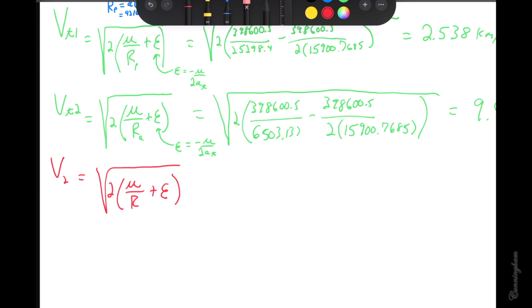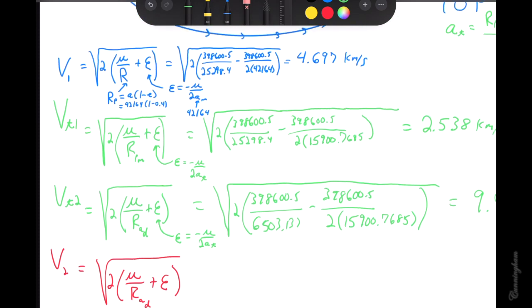Okay, so we did our second burn. That didn't take us anywhere. We just basically changed the energy of our orbit. So this is still apogee of the disposal orbit. And I should probably list that that's disposal orbit 2. And then that's mission. I need to be careful with my variables, huh?